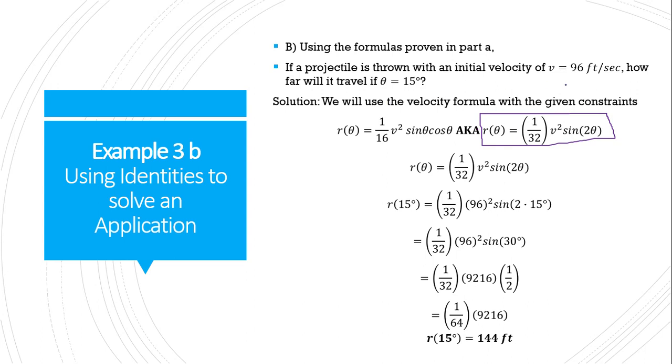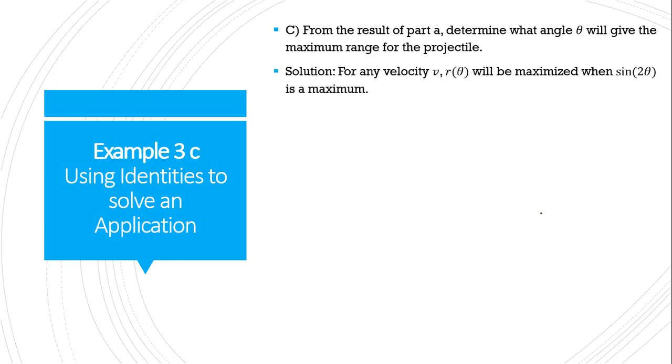And then we're going to literally just use the fact that v is 96 and theta is 15, and plug it right on in. So here is my equation. Plugging in 15 degrees and 96 feet per second, I get r of 15 is 1 over 32, 96 squared, sine of 2 times 15. 2 times 15 can be simplified to 30, so I have 1 over 32 times 96 squared, sine of 30 degrees.